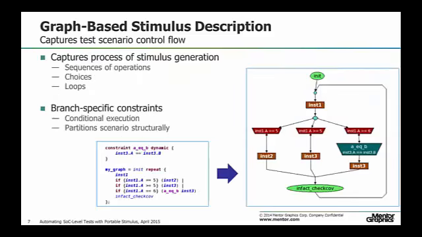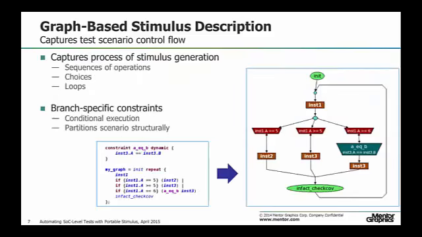It's this gray-blue box you see on the right. This is an algebraic constraint which only applies in a certain context. So it gives you a lot more flexibility than in typical HVL languages like SystemVerilog, and it allows you to partition your scenarios in a very efficient way.